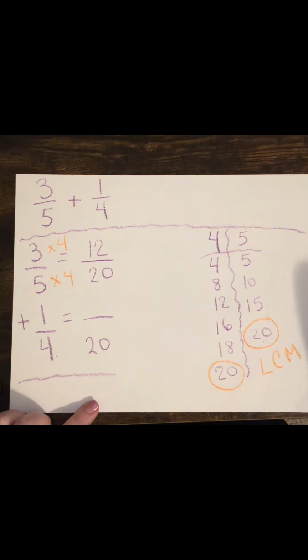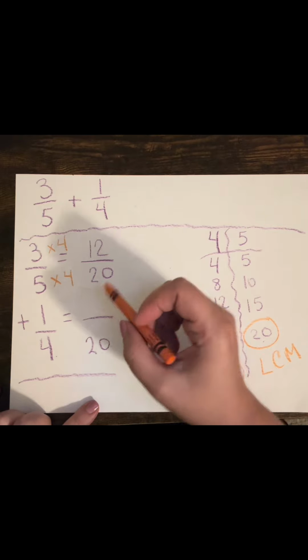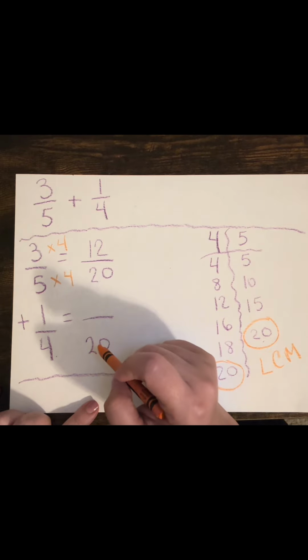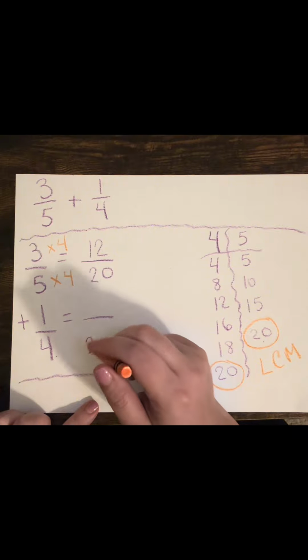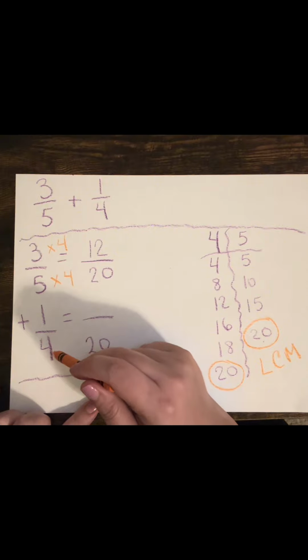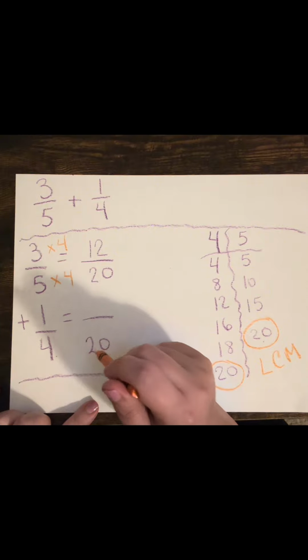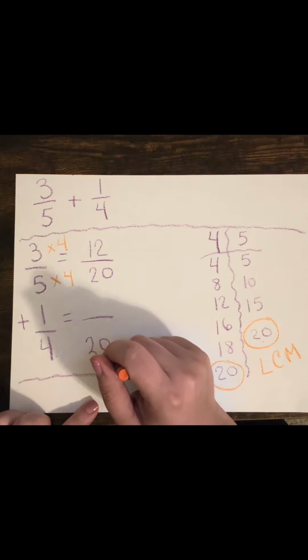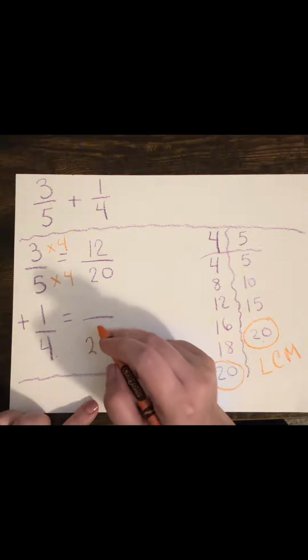All right, so let's look at our bottom fraction, 1/4, and we're going to do the same exact thing that we just did with our top fraction. So let's see. We have our original denominator of 4. We have our new denominator of 20. And how did we get there? Once again, hint, it's always going to be with multiplication.